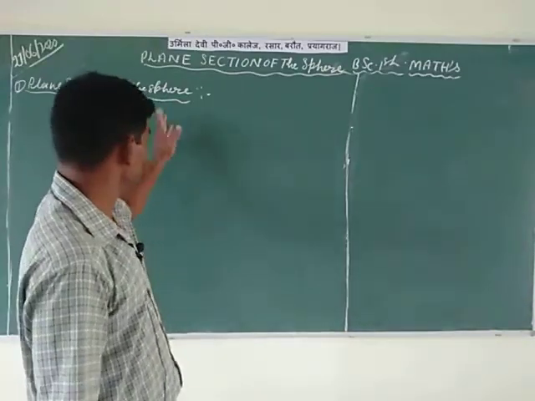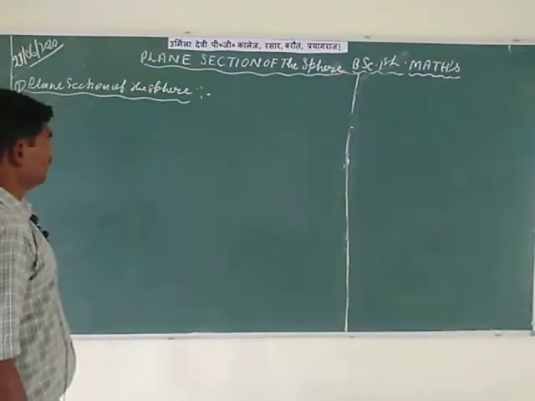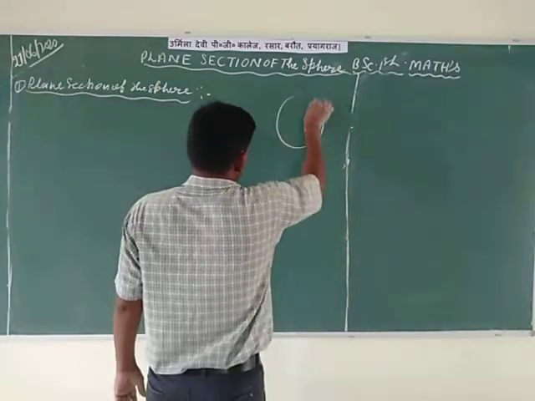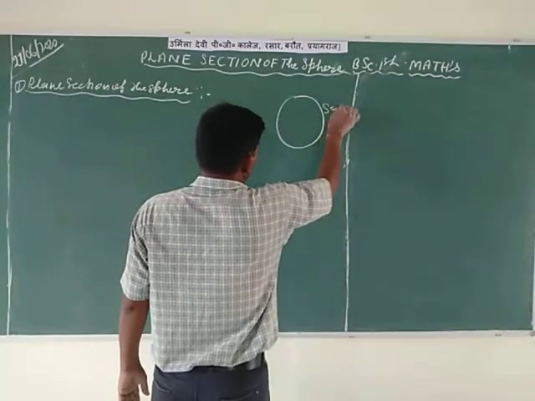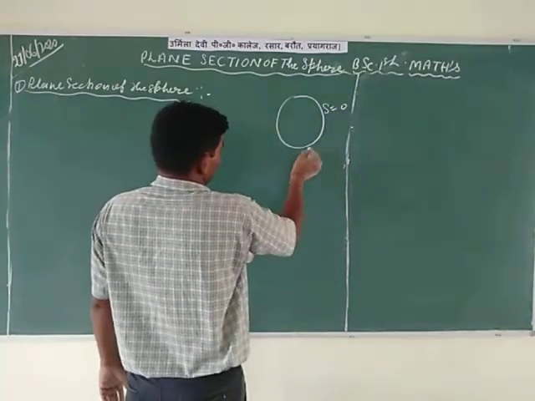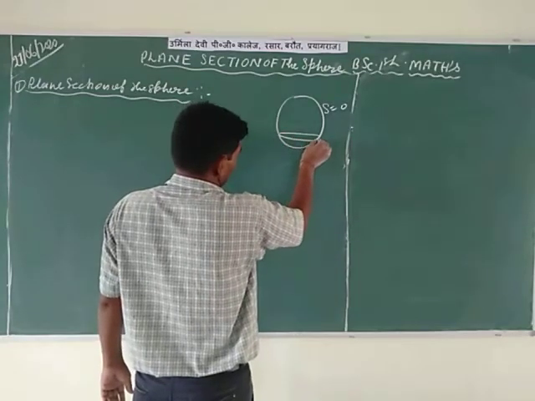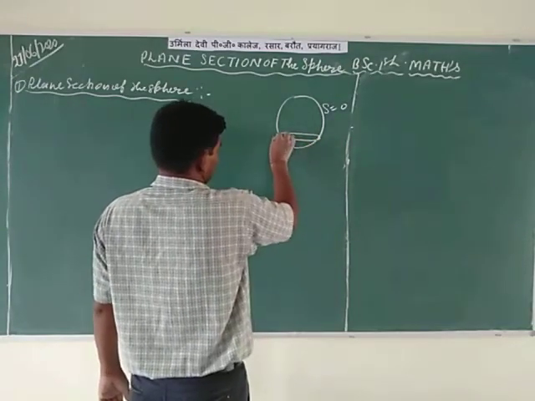So here we consider the article plane section of the sphere. For this, please draw a sphere. Suppose that this is a sphere, S equal to 0 is the denotation, and take a plane cutting this sphere.